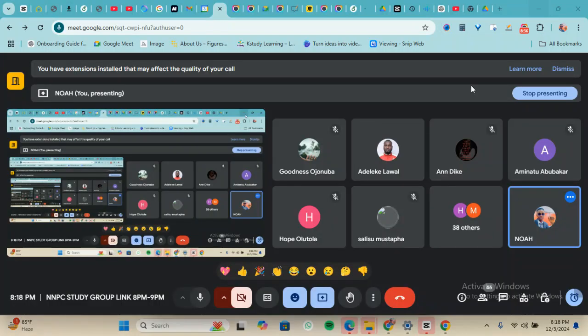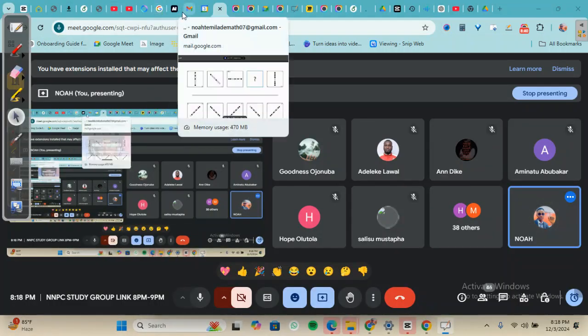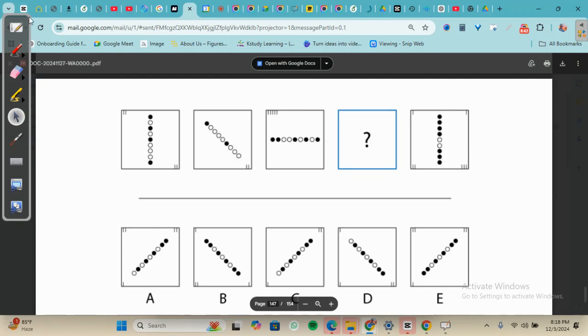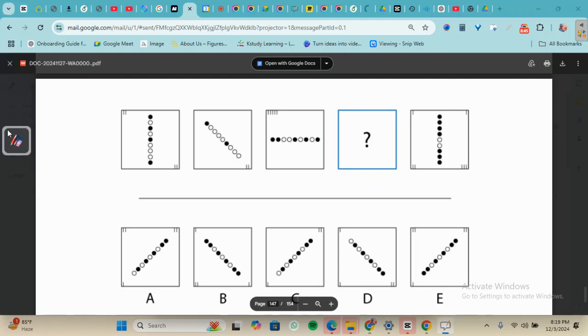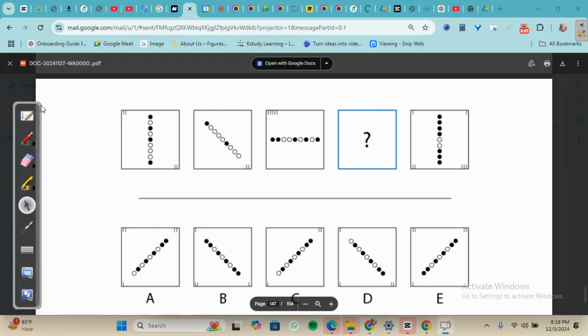You see it. So we are still on this page, right? Okay, I think it's fine now. So let me try to pick this. Okay, I think it's because of the Chrome. I can't. Let me just use a pen for that.